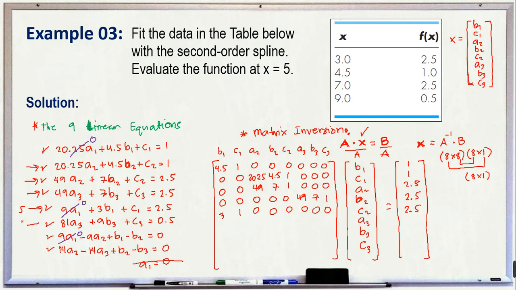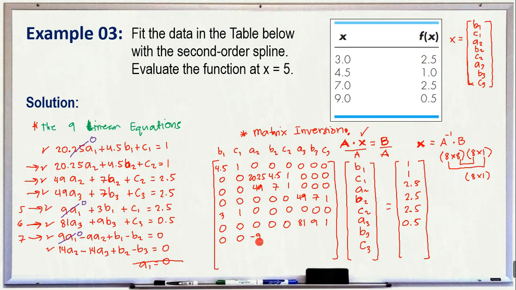Here is the 6th row. So we don't have B1, C1, A2, B2, C2, but we have A3, which is 81. B3 is 9, C3 is 1. Then we have a constant of 0.5. Next, for the 7th row, we refer to the 7th equation. We don't have B1, C1, but we have A2, so negative 9.